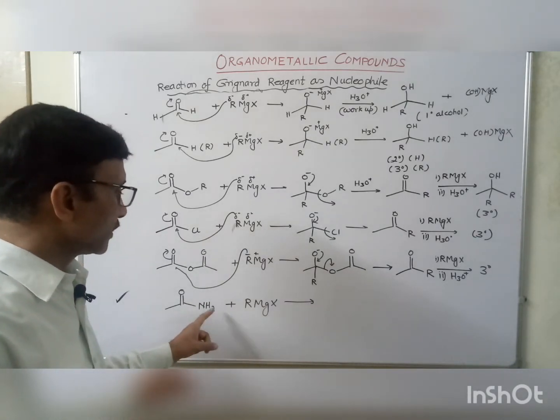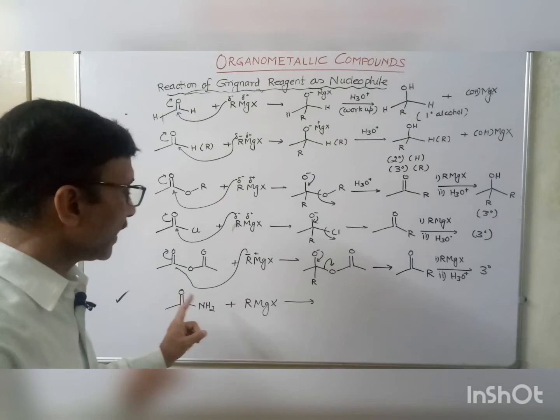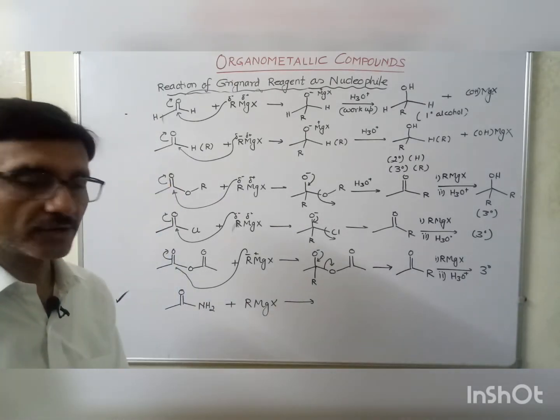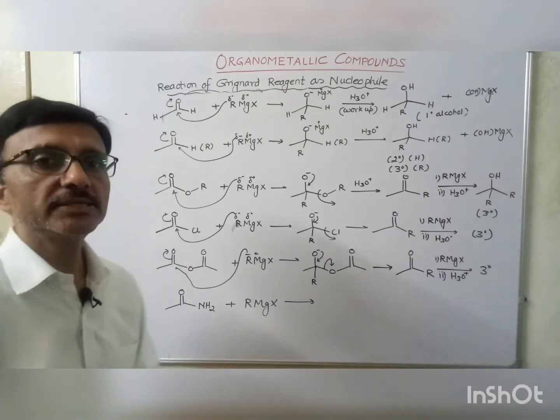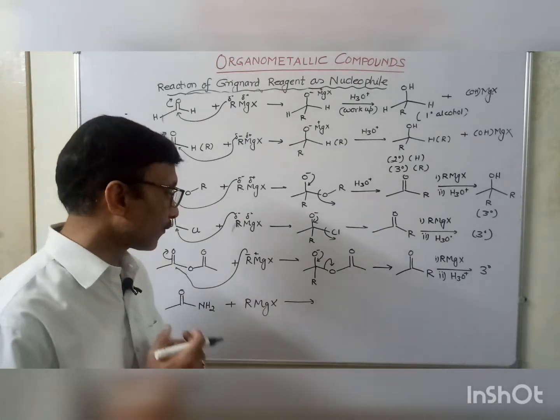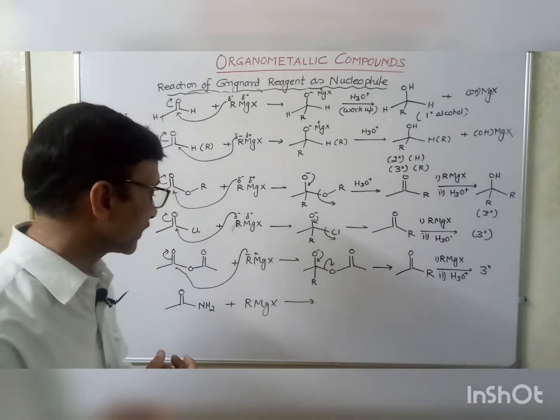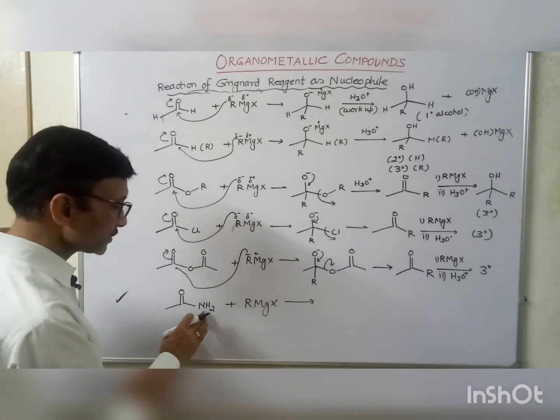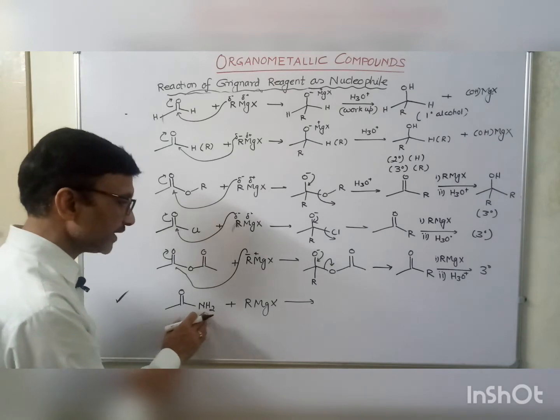First this Grignard reagent will act as a strong base to extract one of the acidic hydrogens over here, as the acid-base reaction is faster than the nucleophilic addition reaction. That's why first the acid-base reaction with this amine group will take place.